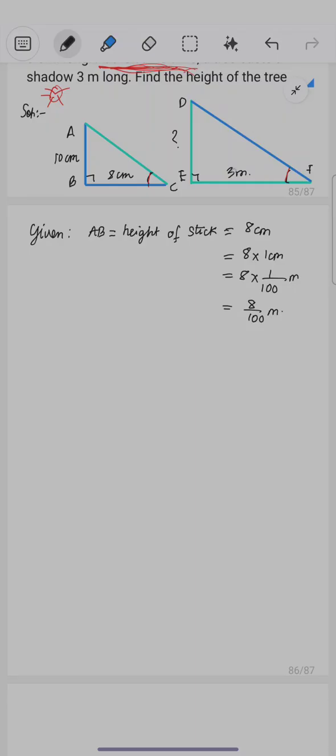This is AB, the height of the stick. BC is the shadow cast by the stick.